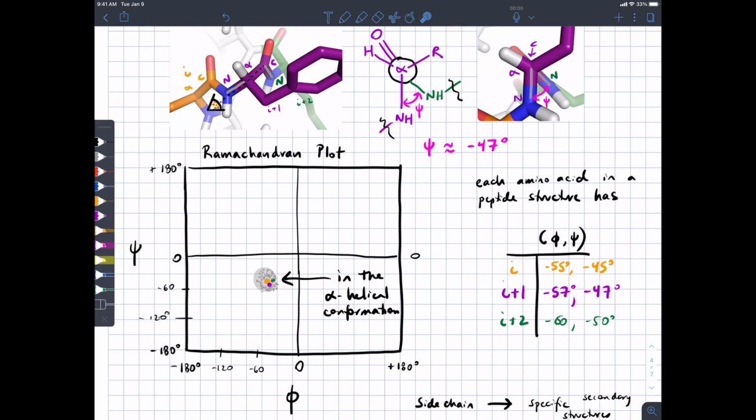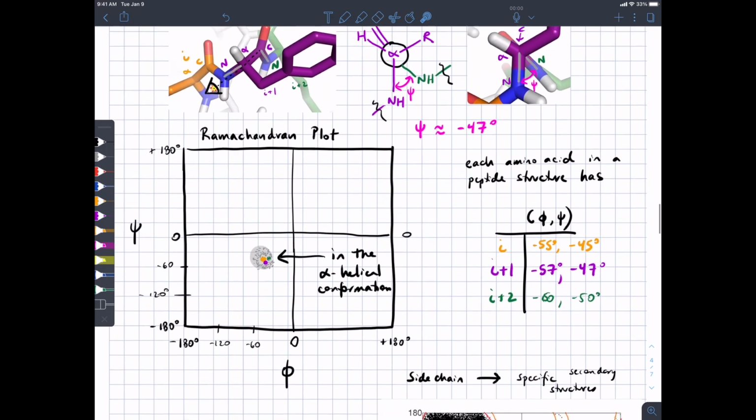And if you plot phi versus psi, you can see that residues with amino acids within an alpha helix all cluster in this section of the plot. So if you wanted to know how much of a protein was alpha helical, you could almost just measure all of the phi-psi angles and plot them, and the ones that ended up here would have a high likelihood of being in the alpha helical conformation.